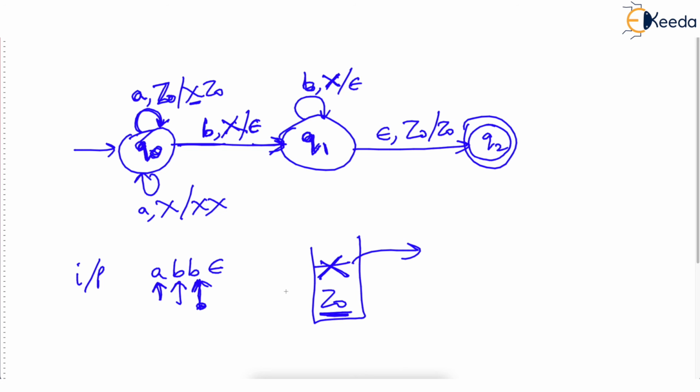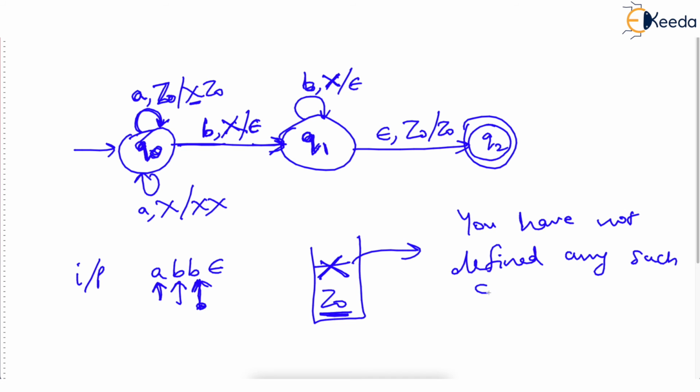Z0. But you have not defined any such configuration. Which configuration have you not defined? You have not defined what Q1 should do if it reads B and top is Z0.